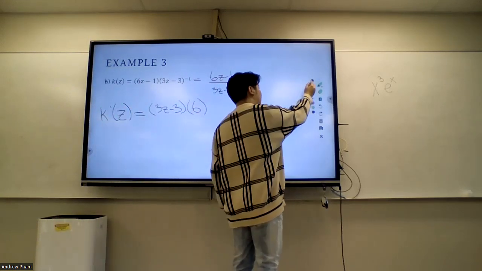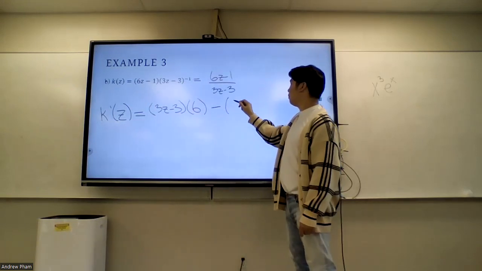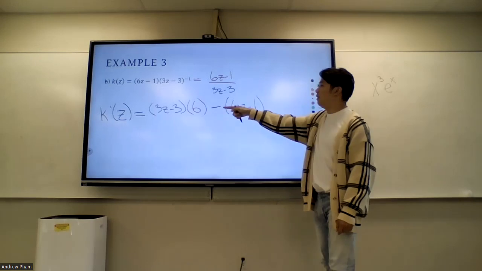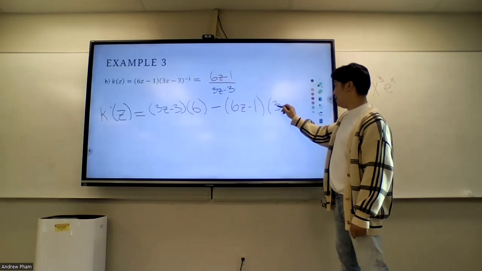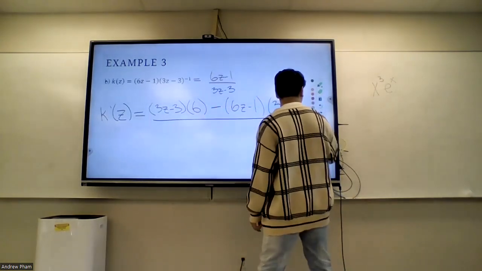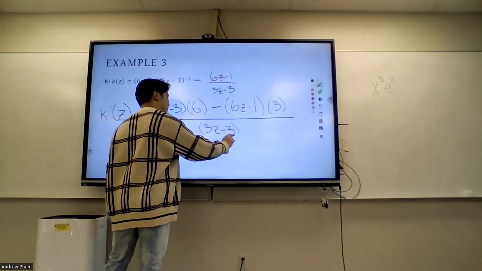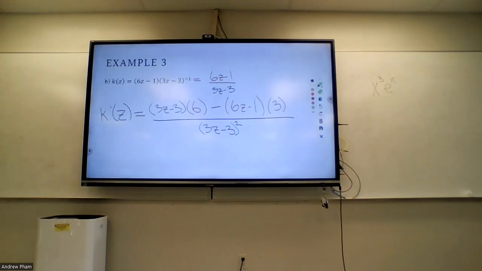Yeah, we have a times 6, the derivative of the high, minus 6z minus 1, because that's low times d high minus high times d low, times 3 below, all over low squared, 3z minus 3 squared. And all of a sudden we are done. I found the derivative. Granted it's unsimplified, but a derivative is a derivative.